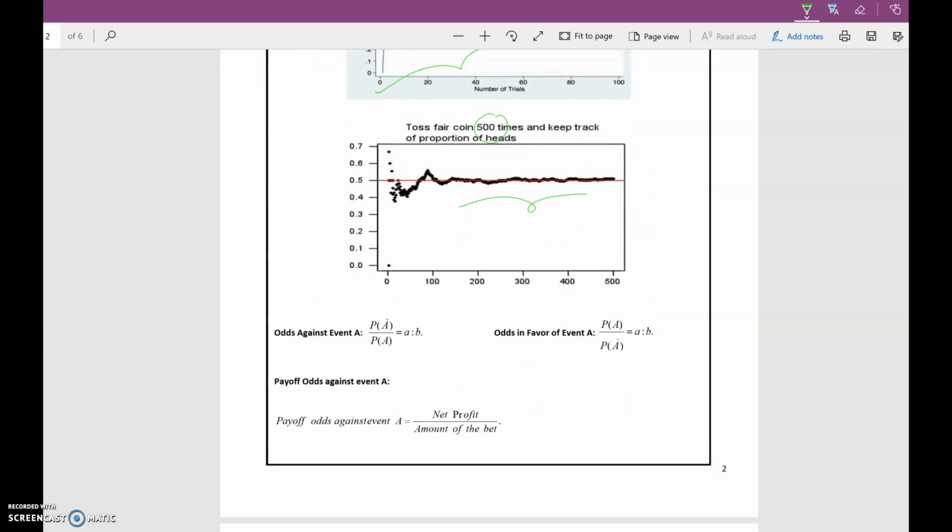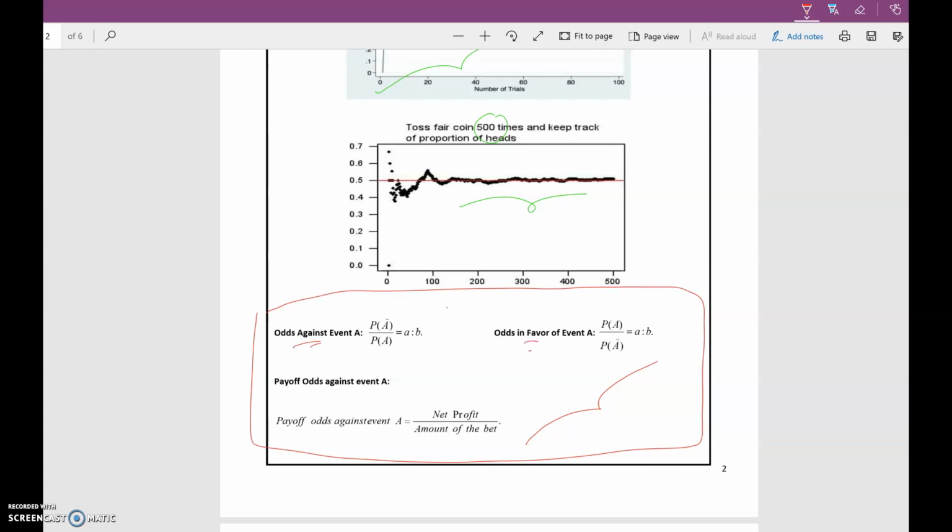A couple of definitions that you're going to need for events that involve gambling. If you were to have any of these problems on a future exam, I'll give you the formula. Depending on what they're asking, they could be asking about the odds against the event or odds in favor.